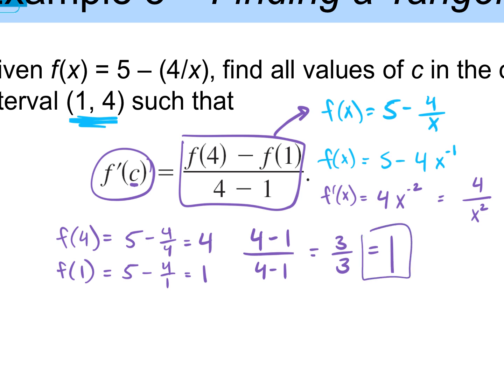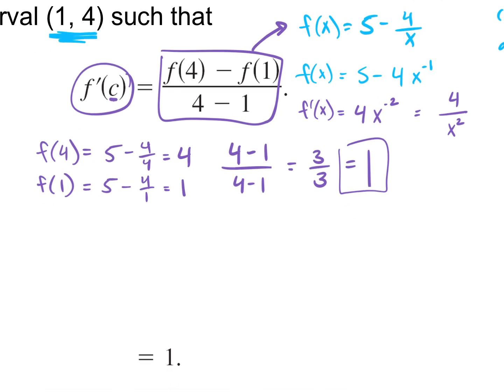Now we want to see what value of x makes the slope of the derivative equal 1. So I set my derivative equal to 1. Whatever slope you get when you use the slope formula, you're going to set your derivative equal to that.